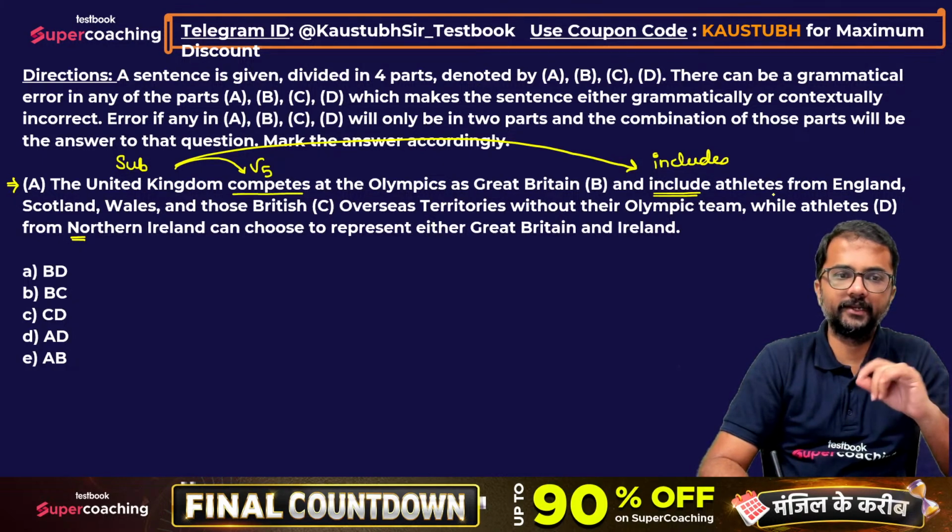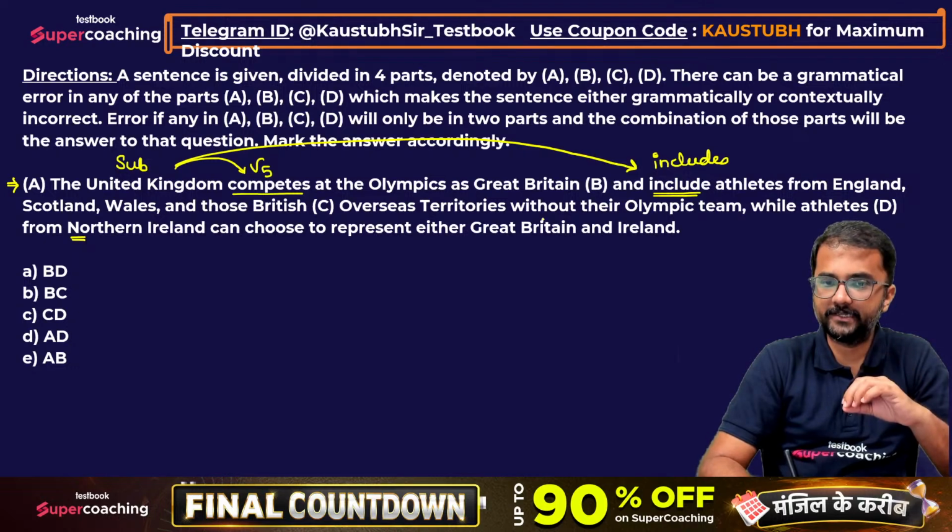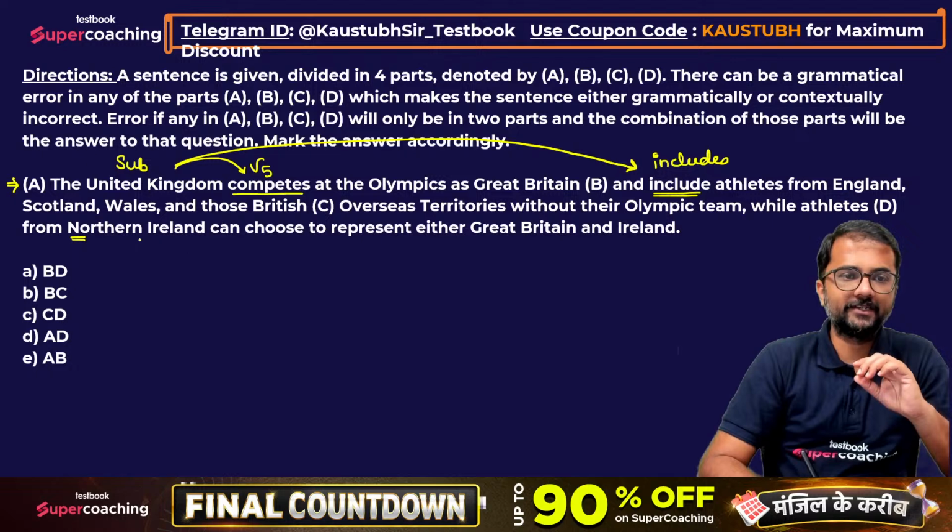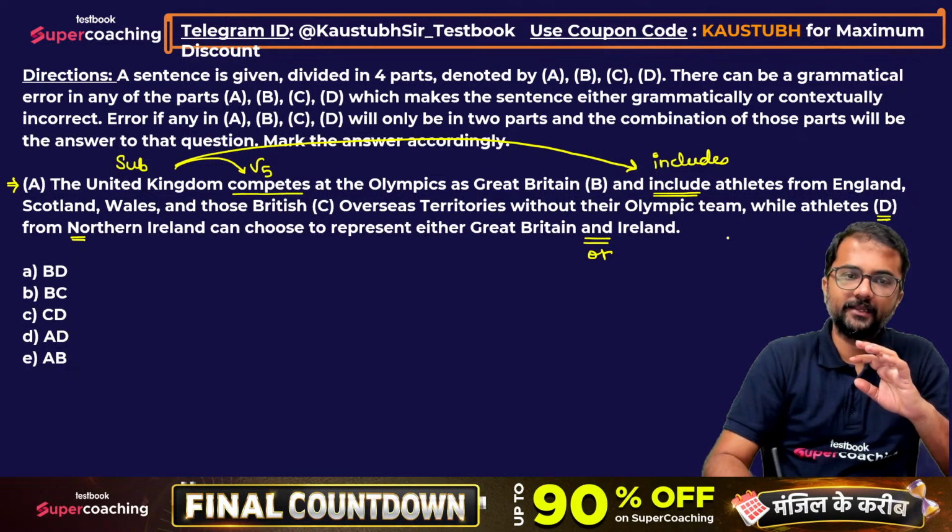Athletes from England, Scotland, Wales and those British overseas territories without their Olympic team, while athletes from Northern Ireland can choose to represent either Great Britain or Ireland. Either Great Britain or Ireland. So there is error in part D, but definitely not in this part.